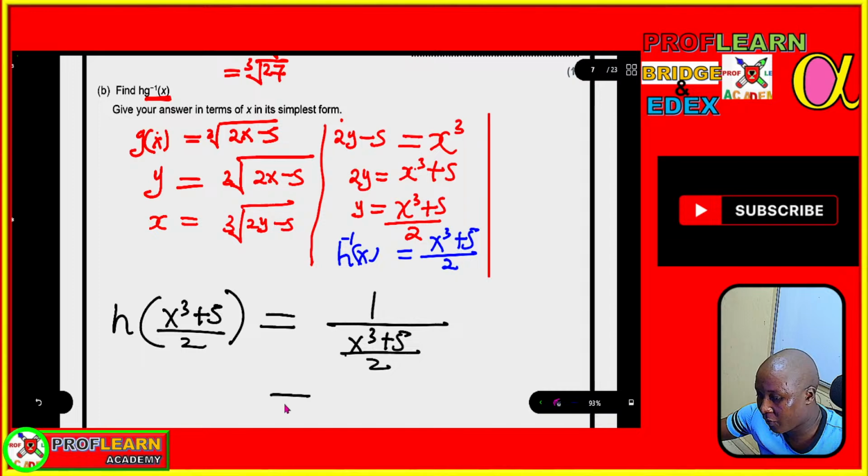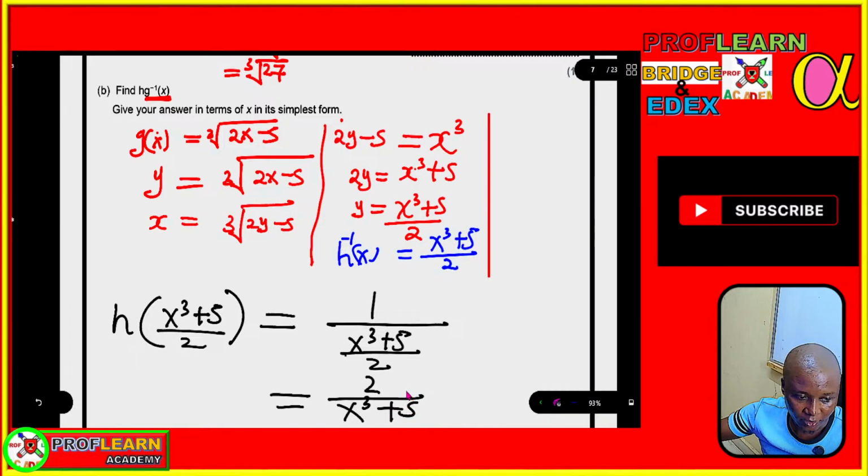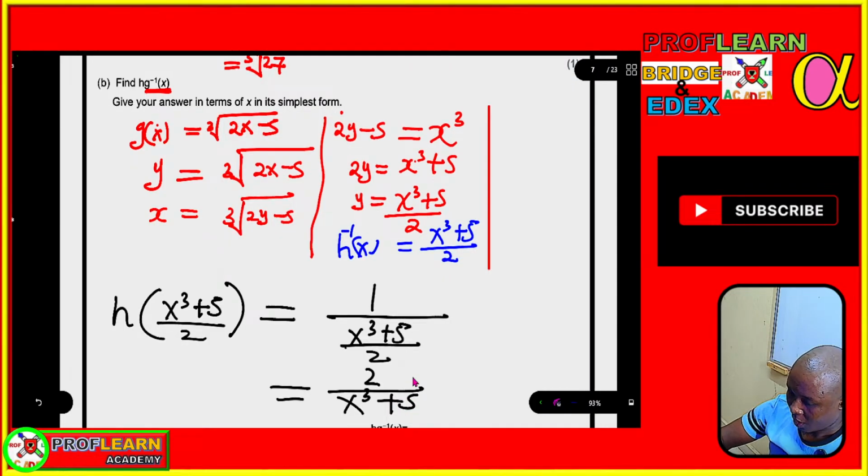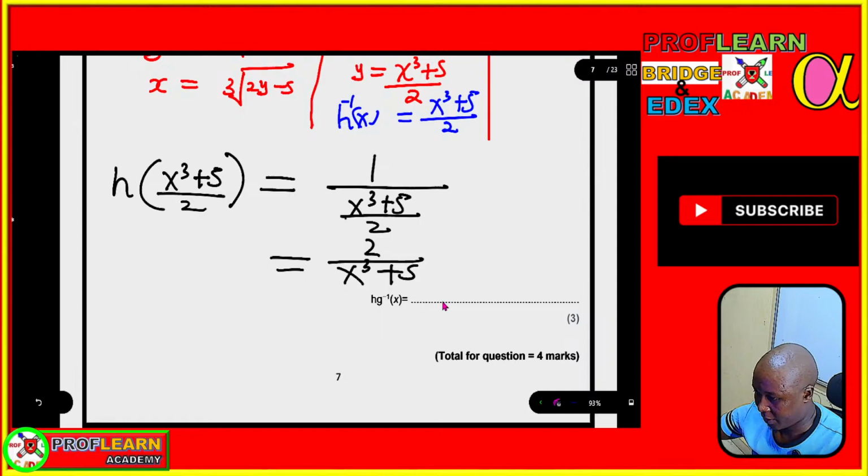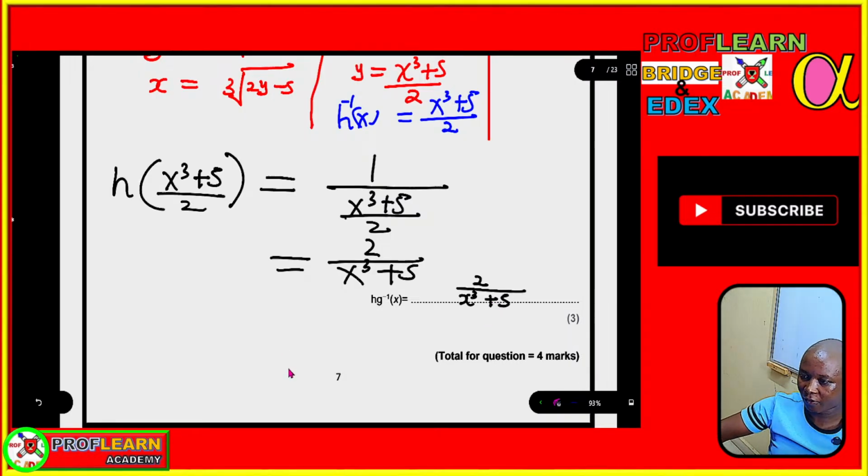Finding the reciprocal of this, our answer becomes 2 over x power 3 plus 5 as our final answer. And that is the final answer that we are going to have here, 2 over x power 3 plus 5, for you to earn 4 marks.